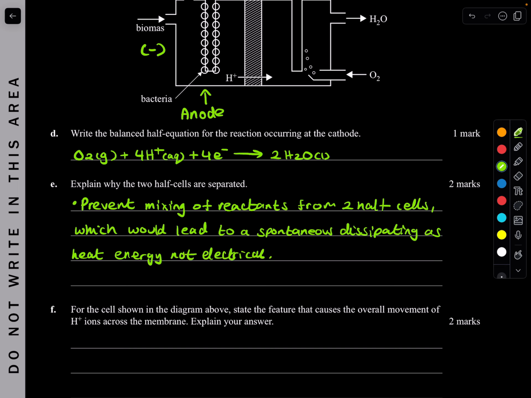There it is. So prevent mixing of reactants from the two half cells, which would lead to a spontaneous reaction, dissipating the heat as heat energy, not electrical. And that's what we want. We want electrical, not heat.